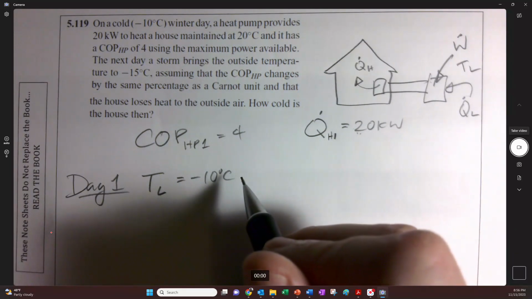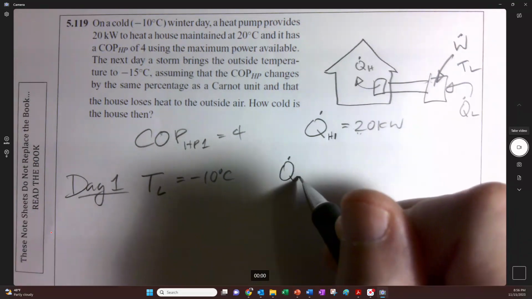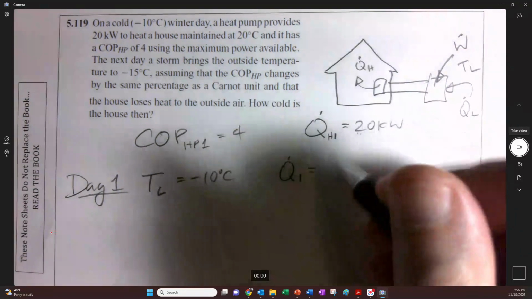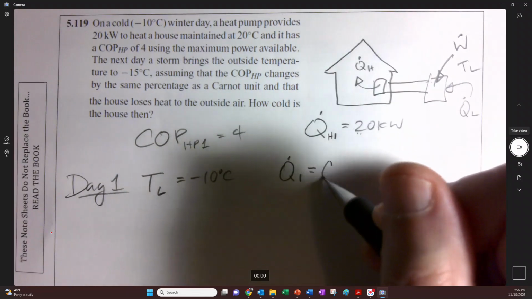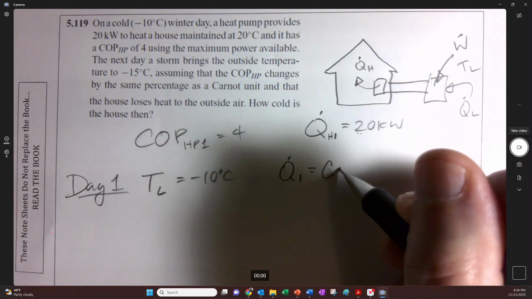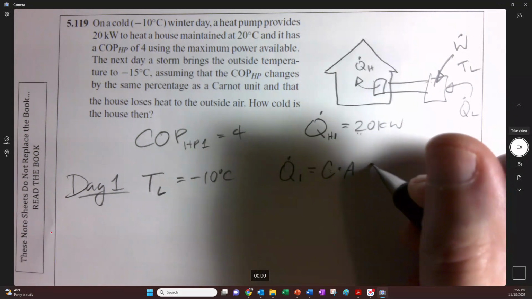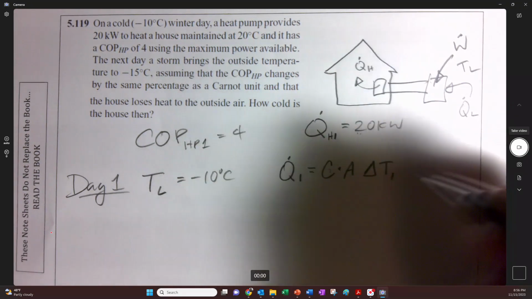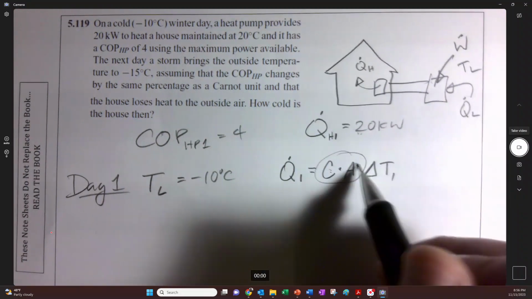Keep going. This is a trick. Q flow 1 right here, take and lump together this is just some coefficient, and then this is the area of the house, but we know that we have the delta T on day 1. So we can solve for this combined thing.